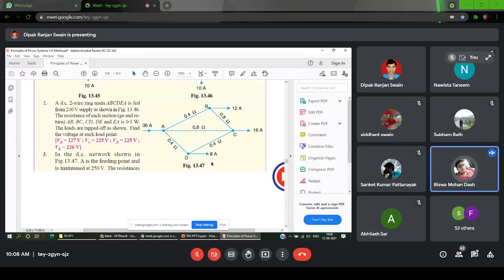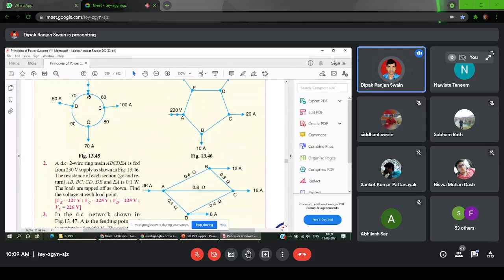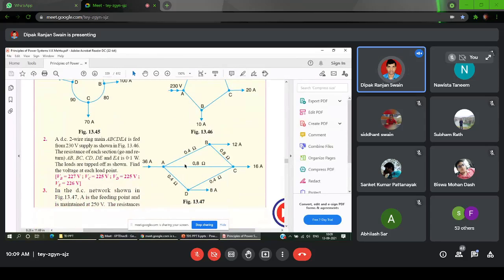How will you solve it? You don't have the current in this branch. In the previous case there was one current I that we were dividing, so when writing this KVL equation you were able to solve it. Here we don't have that situation. Either you take this equation or you use the method that lets this current be I1, this current I2, and you go on solving.